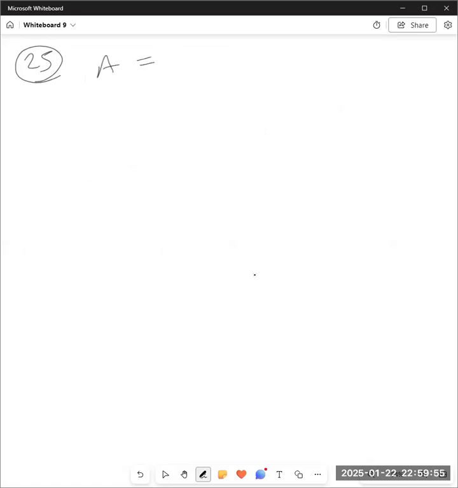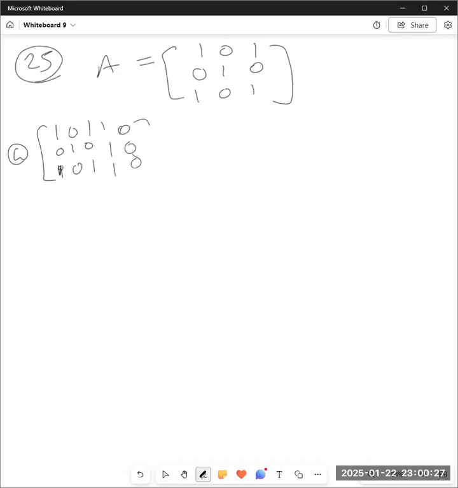A is 1, 0, 1, 0, 1, 0, 1, 0, 1. So to find the kernel of this, I'm going to RREF that and get 1, 0, 1, 0, 1, 0, 0, 0, 0.